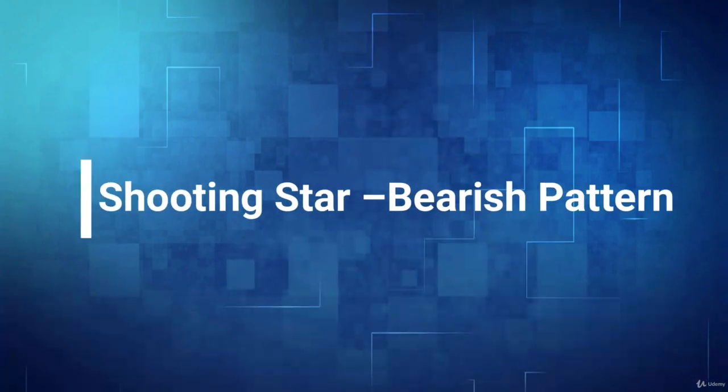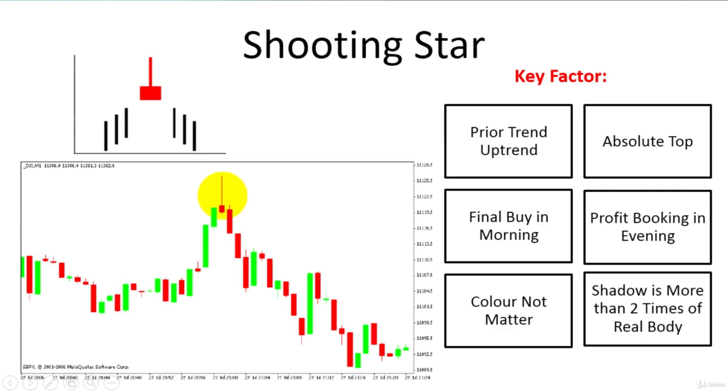Now we discuss the next pattern, called the shooting star. As the picture on your screen shows, it is the opposite of the hammer pattern. The pattern looks like an inverted awl pin.